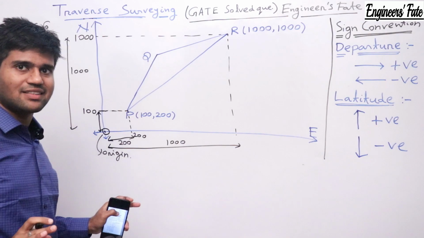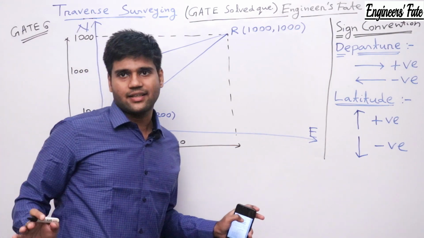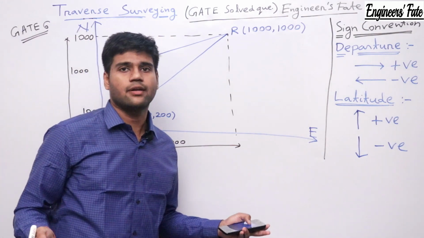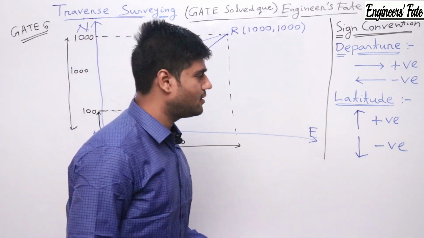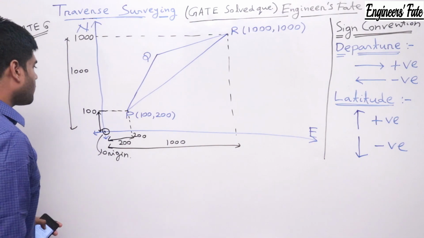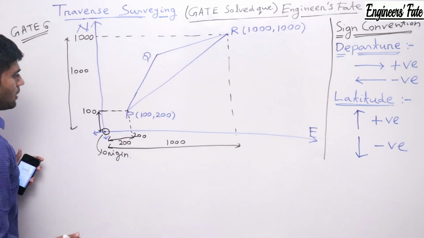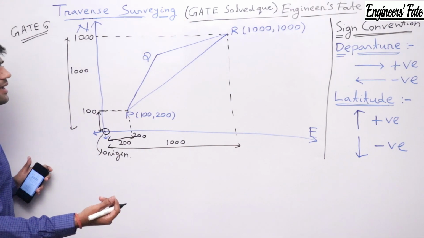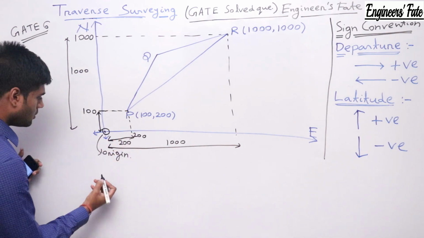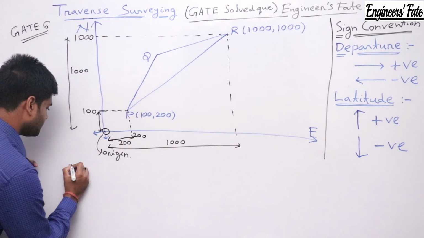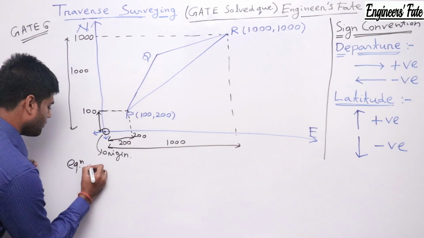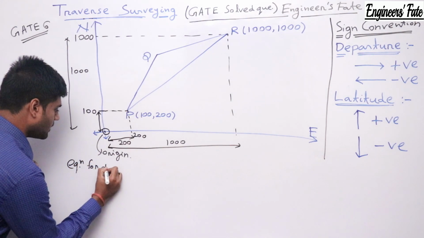I hope you understand this small basic thing; I have tried to explain it in an easy manner. So let's start solving the question. What will be my departure equation? So I will be writing the equation for departure.